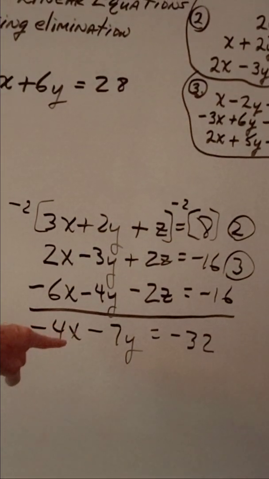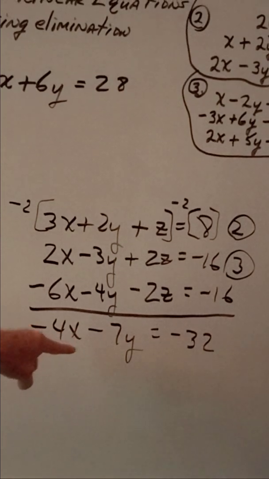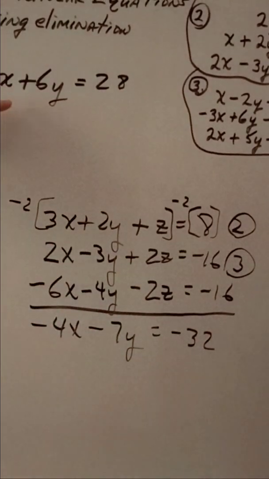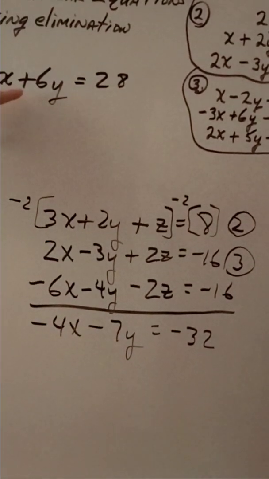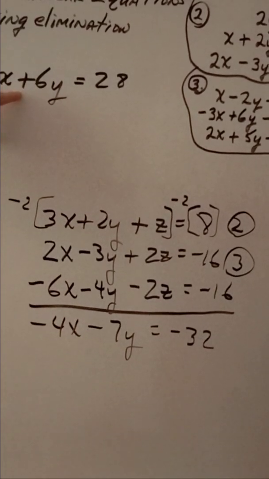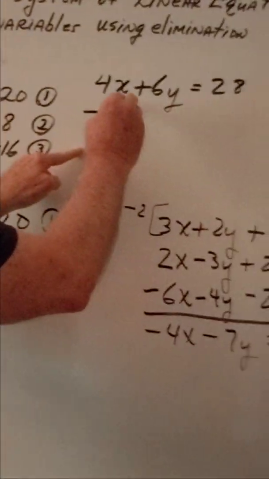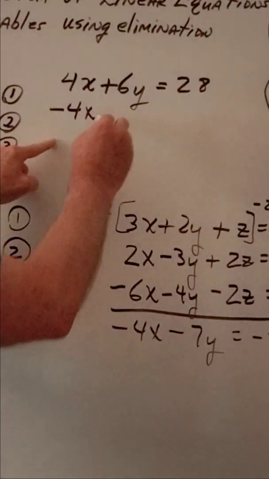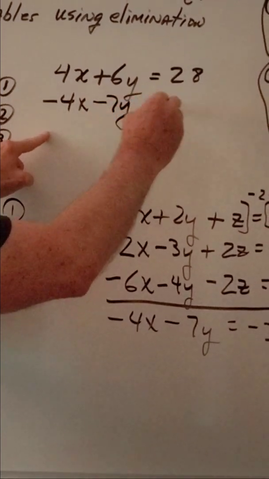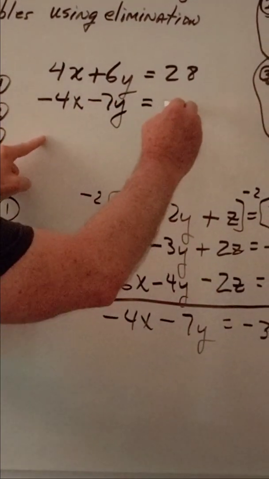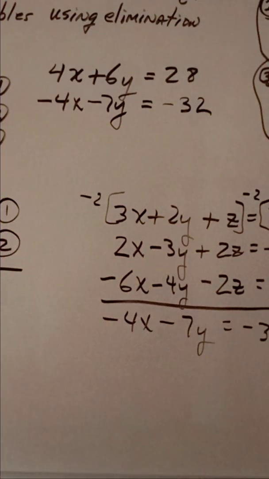Now we take that negative 4x, negative 7y is equal to negative 32, and we'll write it right below this one that we had obtained when adding both sides of this first pair. So we've got a negative 4x, a negative 7y is equal to a negative 32.